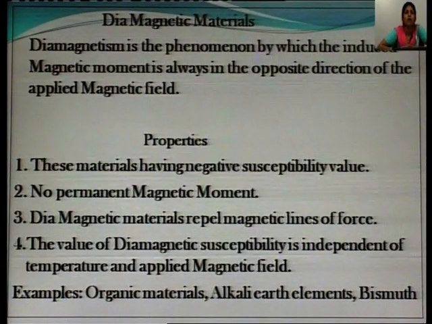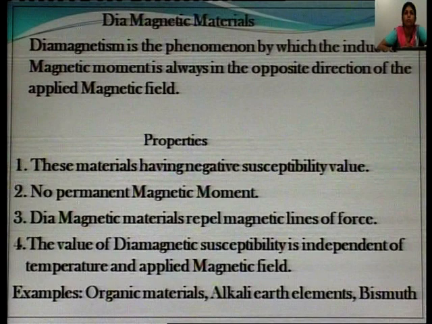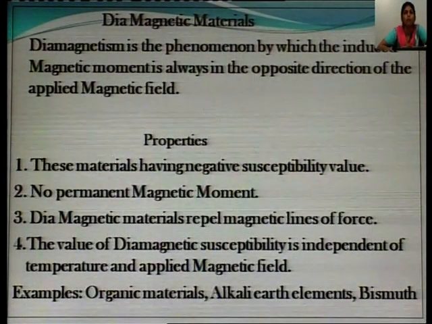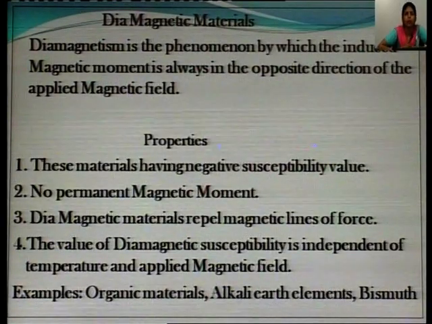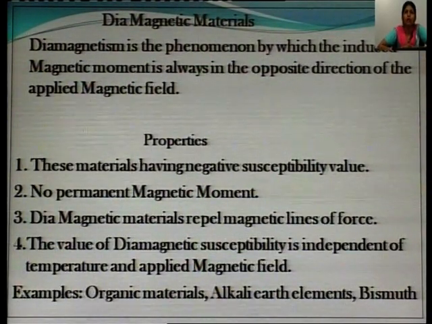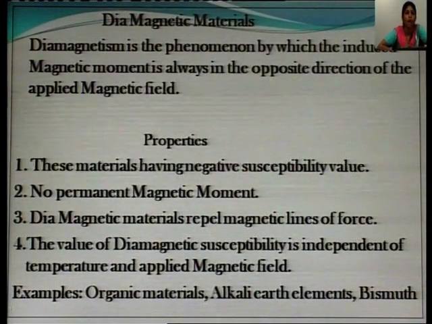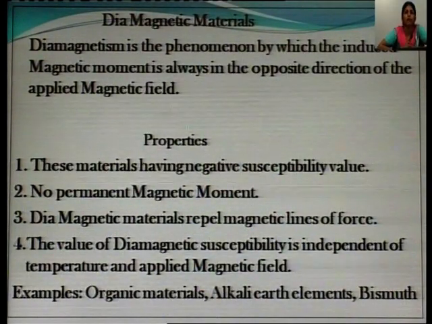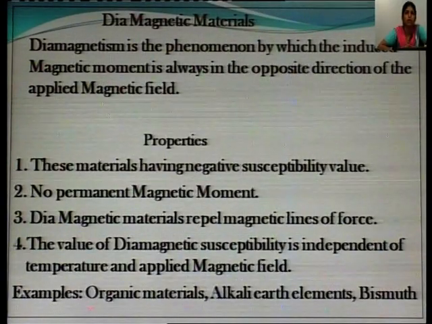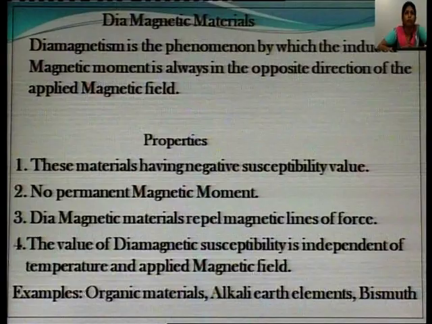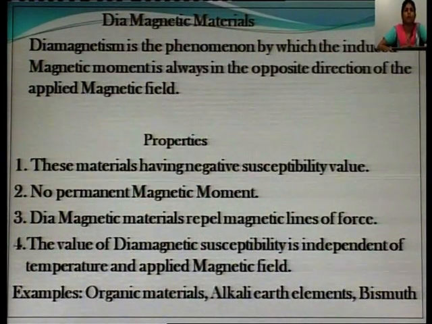The third is diamagnetic materials repel magnetic lines of force, means these materials always repel the magnetic field. The fourth is the value of the diamagnetic susceptibility is independent of temperature and applied magnetic field, means these materials are independent of temperature and the magnetic field.